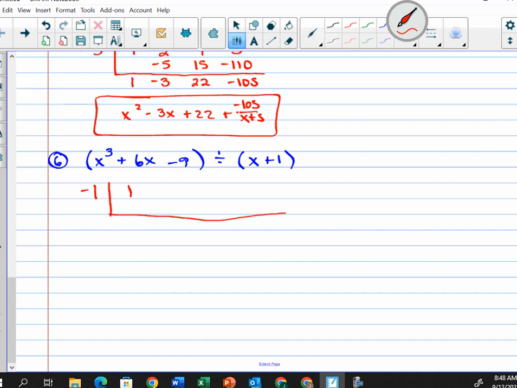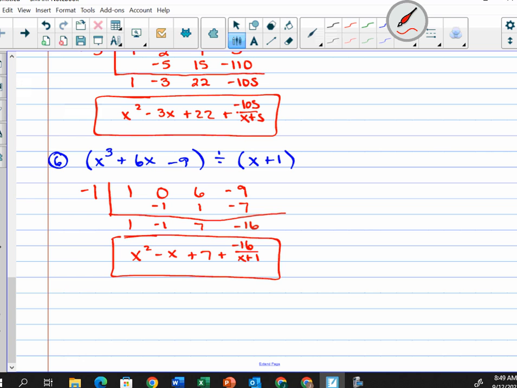So I've got 1x cubed, I need 0x squared as my placeholder, then the 6, and then the negative 9. We should have x squared minus x plus 7 plus negative 16 over x plus 1.